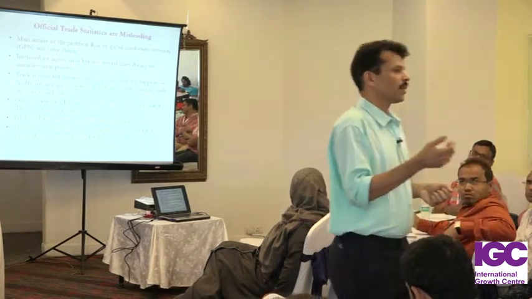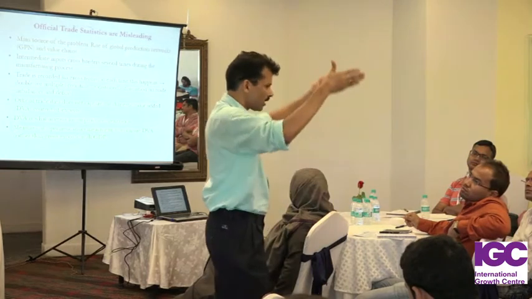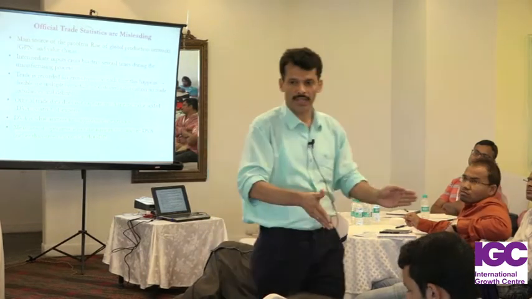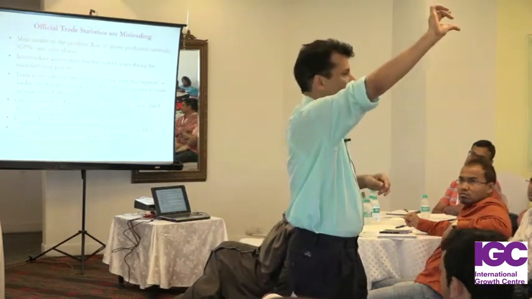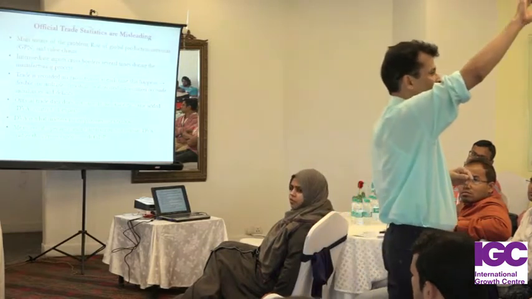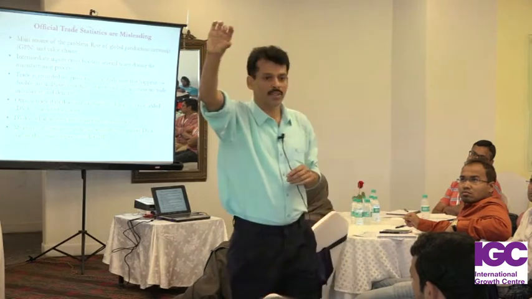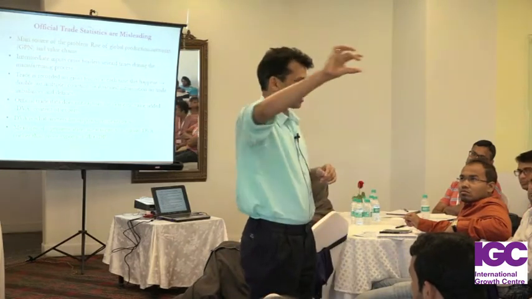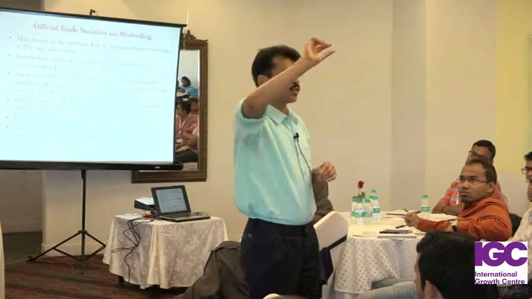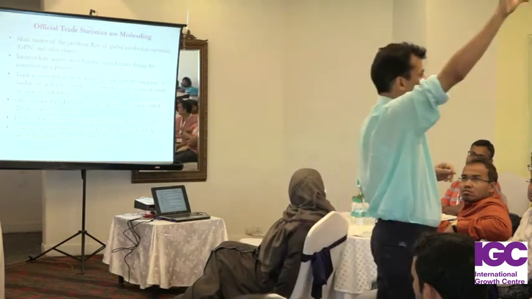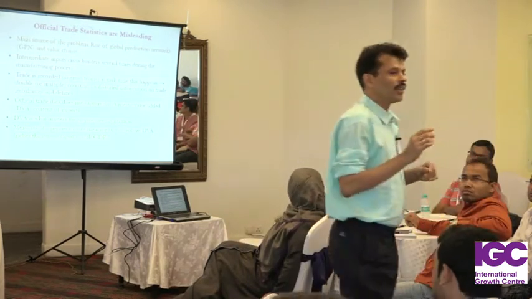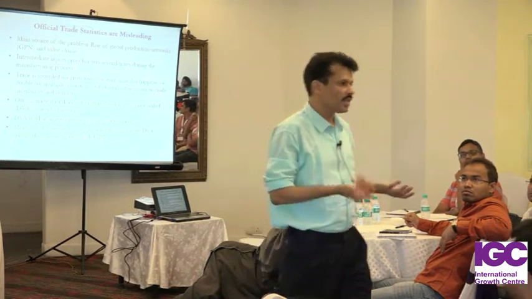For example, if you look at Indian export data, the major items India exports are, first, petroleum products, second, gems and jewelry, then some engineering products and so on. Now, how does India export petroleum?